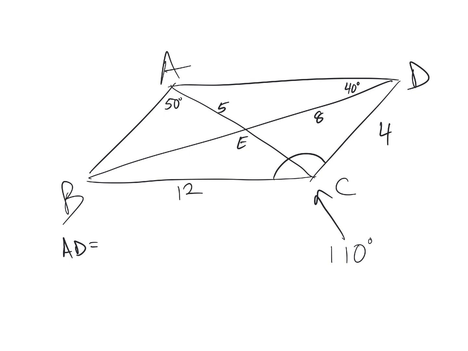AD is the same as BC, so that's 12. It's a parallelogram, so opposite sides are the same. Okay. What about BA? Write that down. I'll just write a whole bunch of these down here. You answer them.